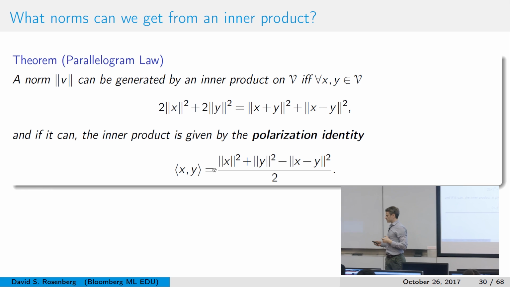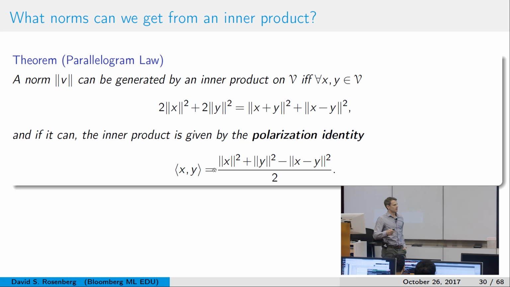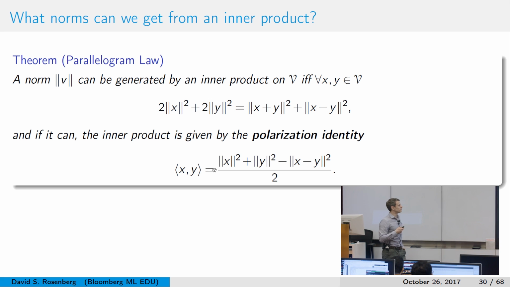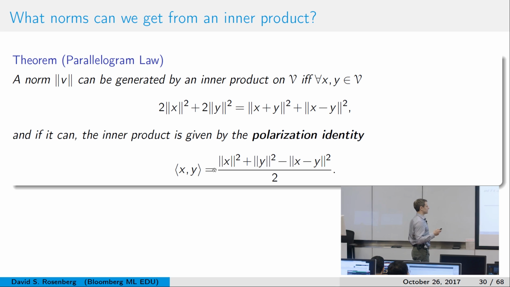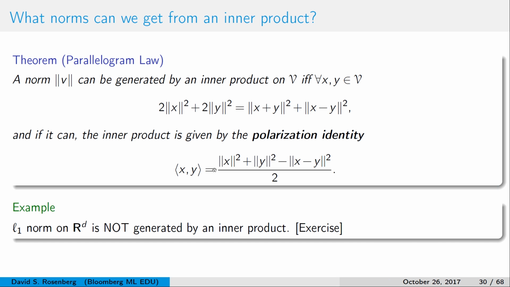And the reason I mention this is because there are certain norms that we know and love that unfortunately we can't use as corresponding to an inner product. The example is the L1 norm. It gives us lasso. You can work out, say as an exercise, that the L1 norm is not generated by an inner product.